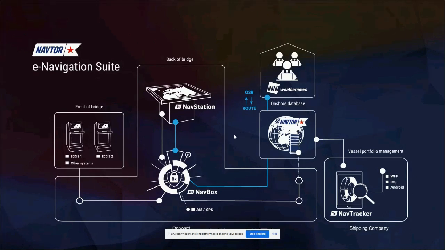So it's constantly in communication, making sure all the data that is displayed is up to date to the latest possible edition and all corrections in there. But it also sends all of the weather data, the new updates, also the OSR, the optimum ship routing data will come through and be passed through to NavStation.